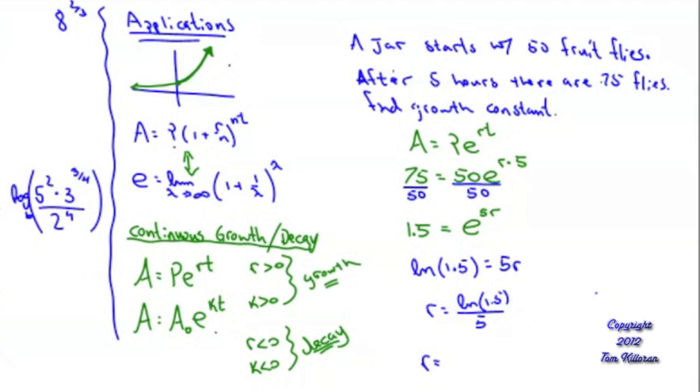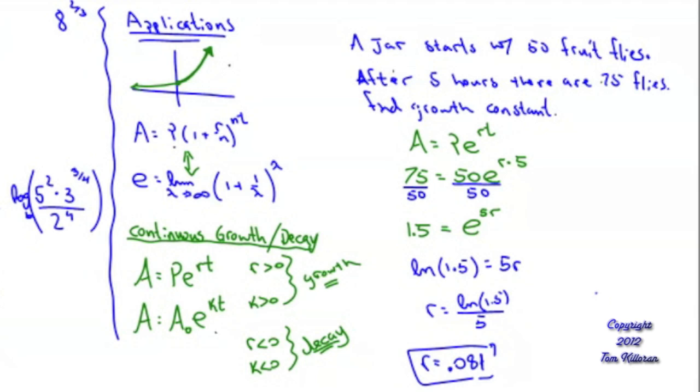It's 0.081. So this is your growth constant. Basically, it's saying your population is growing at a rate of about 8% per hour, if you want to think of it that way.